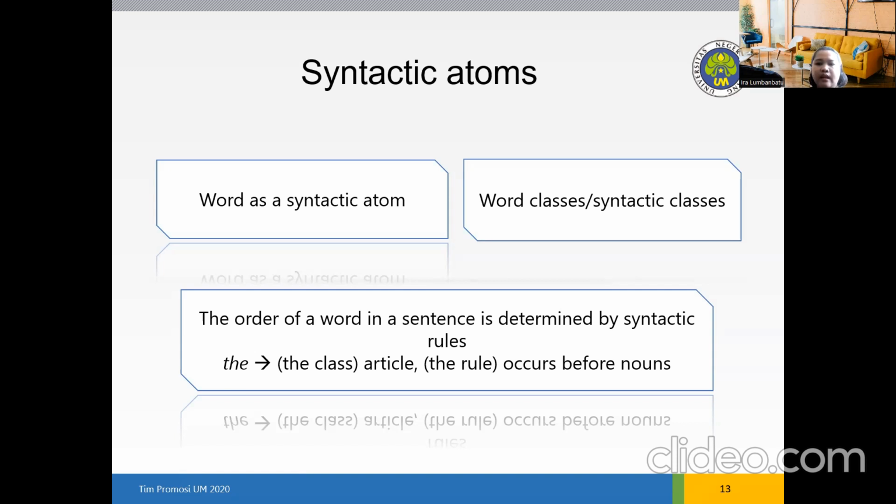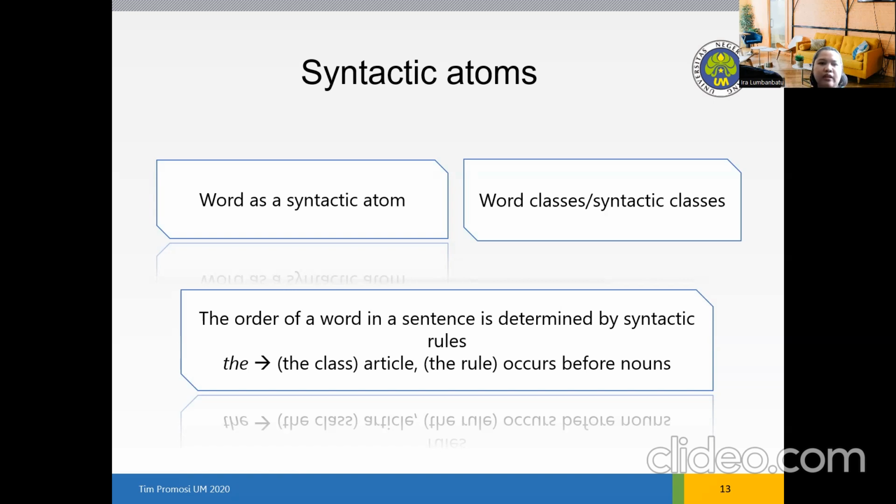In syntactic analysis, a syntactic atom is often used in a broader sense to describe the smallest indivisible units that contribute to the structure of a sentence. For example, morphemes and words are syntactic atoms. Examples are article, noun, verb, participle. So it's just like parts of speech.